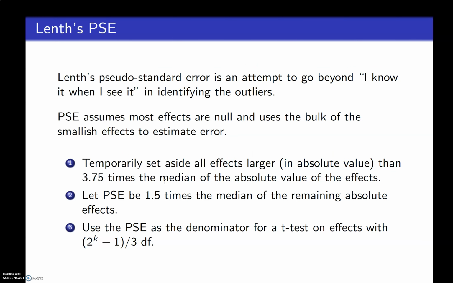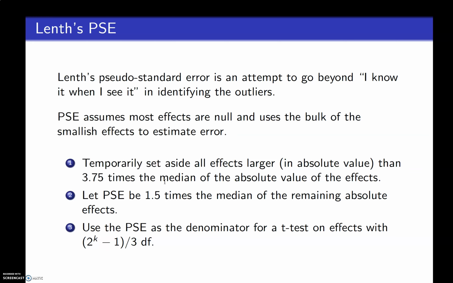A statistician, I think his first name was Richard, if I remember right, Dr. Lenth, used a pseudo-standard error in an attempt to go beyond the identification of outliers in 2 to the k factorials, going beyond that "I know it when I see it" criterion that we often use.